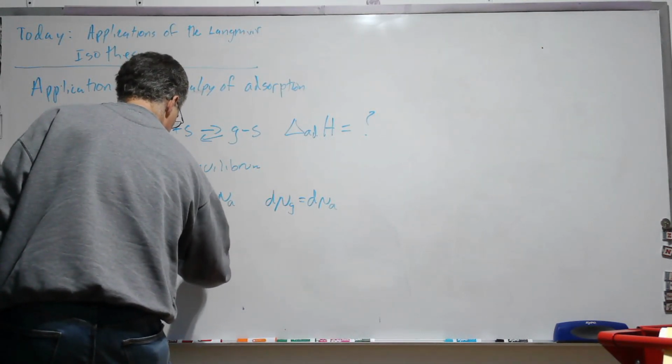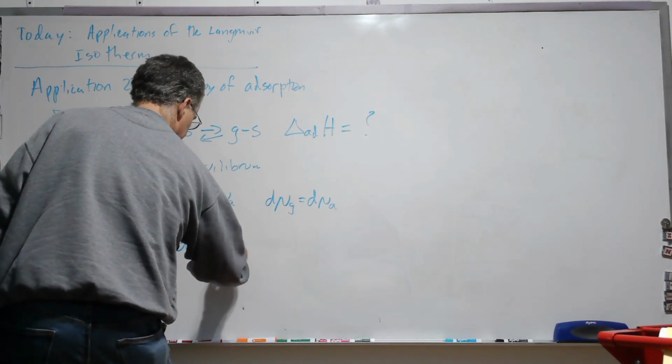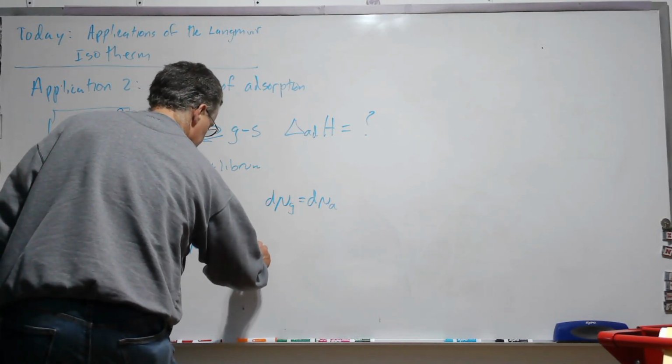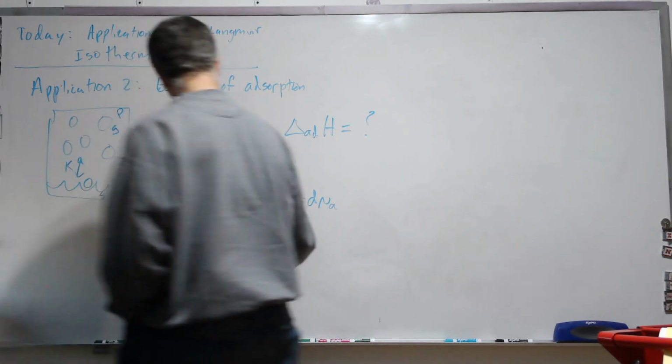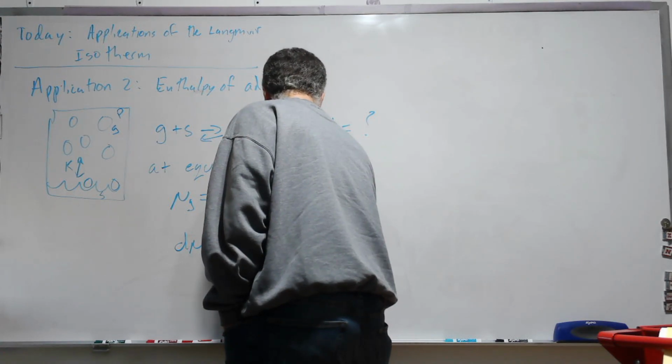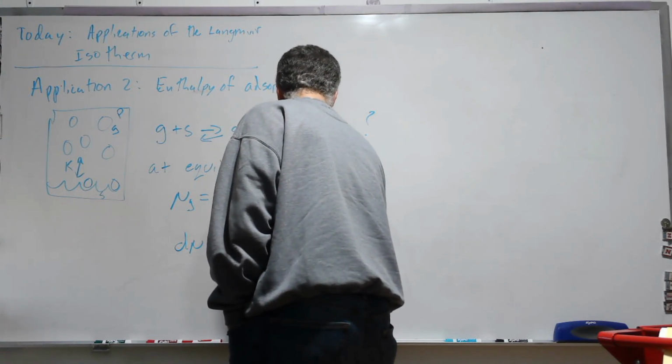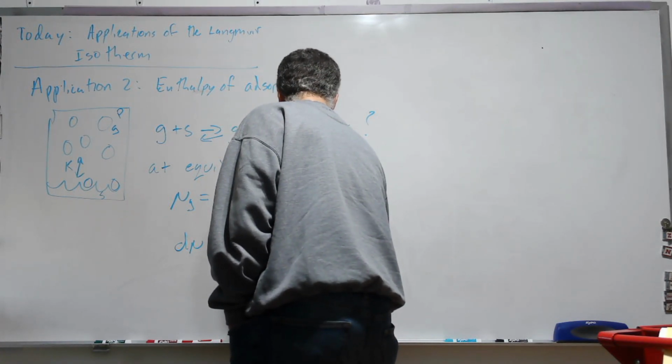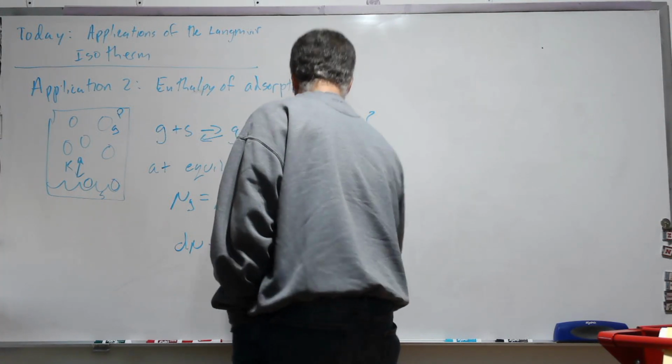Okay? So this is key here because dμ is minus S molar dT, this is the molar entropy, plus V molar dP.